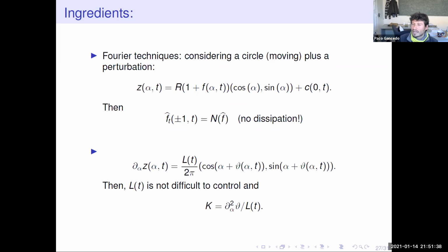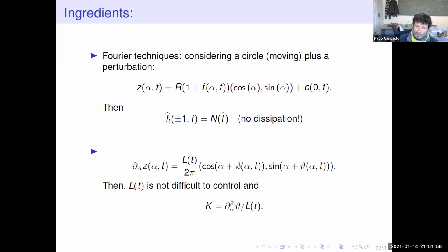So we are going to use another way of understanding our bubble, which is not a Lagrangian way. We are going to look at the tangential vector that describes the bubble.